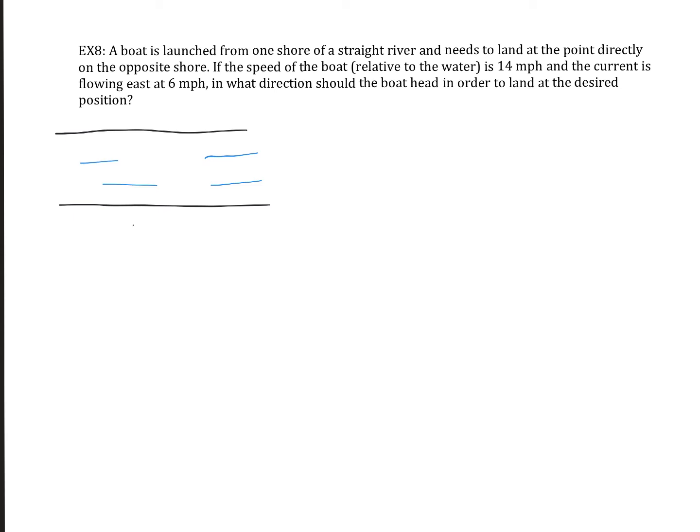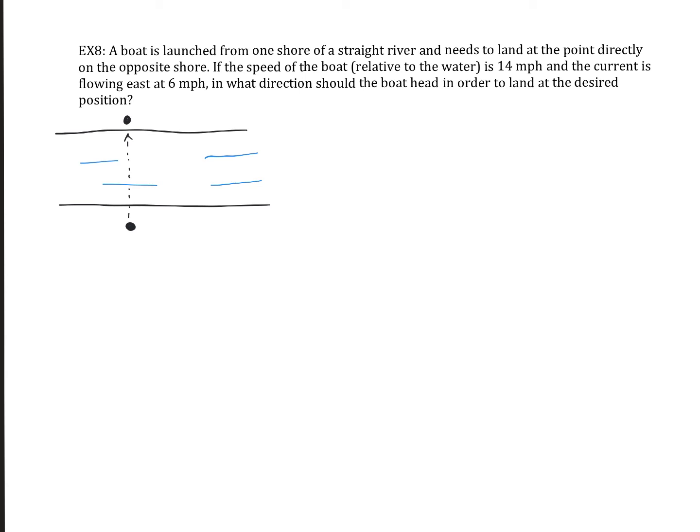I have a boat on this side, and I'm trying to get it so that if I shoot it across, it'll go straight exactly to where I want it to go on the opposite side. Now, the speed of the boat relative to the water is 14 miles per hour, and the current is flowing east at 6 miles per hour. In what direction should the boat head in order to land at the desired position?